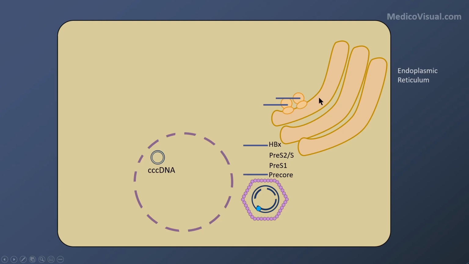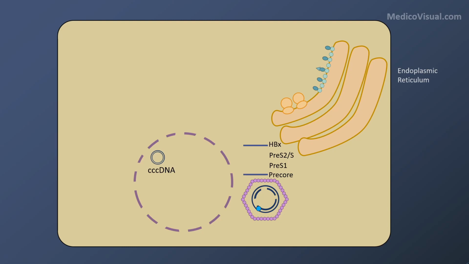These translated polypeptides are then processed inside the lumen and embedded on the membrane because they are hydrophobic. So the surface proteins of hepatitis B virus are processed inside the lumen and then embedded on the membrane of endoplasmic reticulum, right?